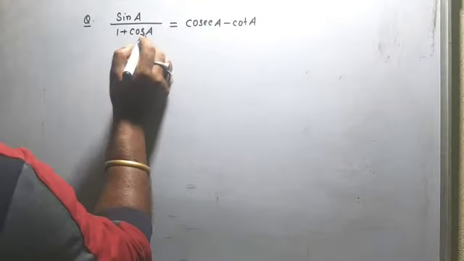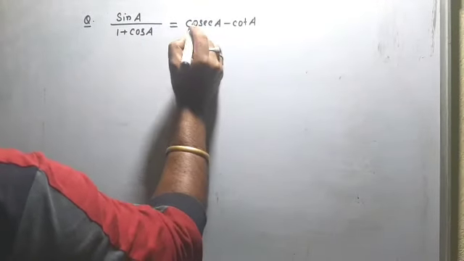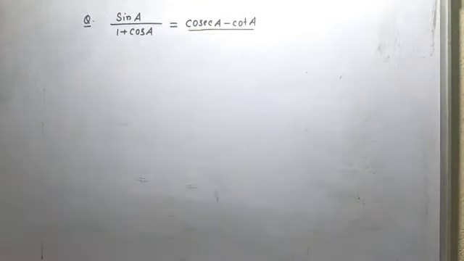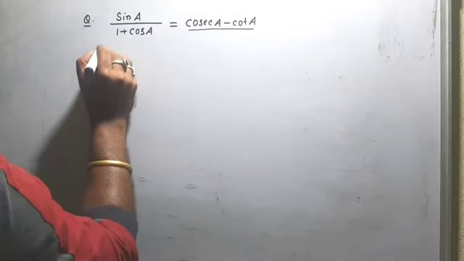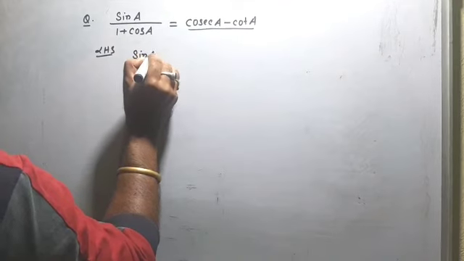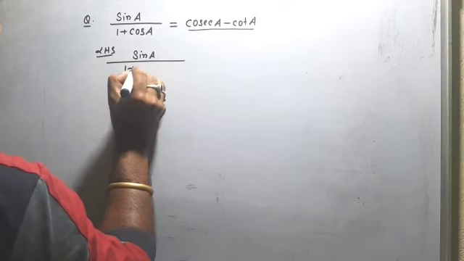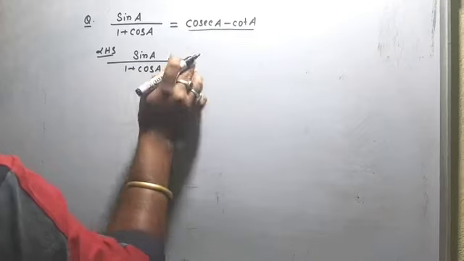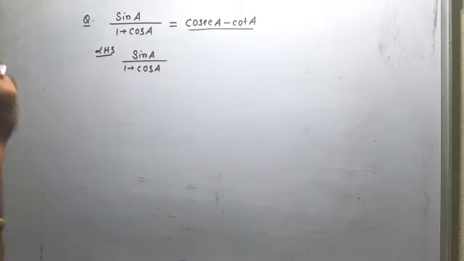Clear? So next question, sin a by 1 plus cos a, and here you have to prove cosec a minus cot a. So take LHS, sin a by 1 plus cos a.